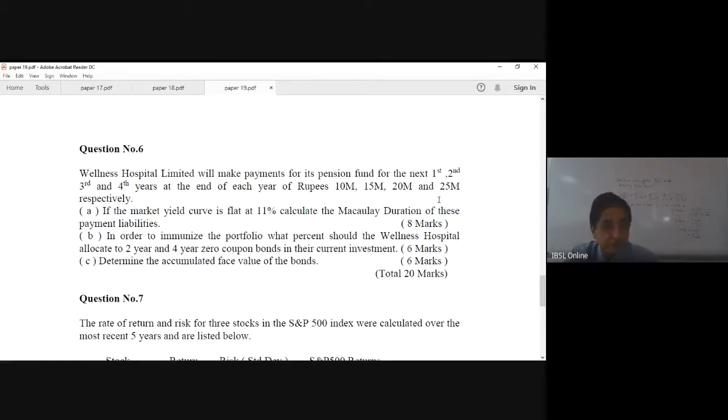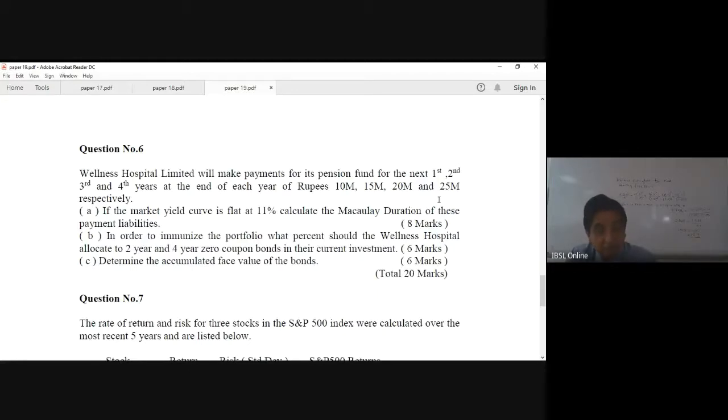So the first question: if the market yield curve is flat at 11%, calculate the Macaulay duration of these payment liabilities. That is the first part of the question, and it carries 8 marks. How are we going to do it?